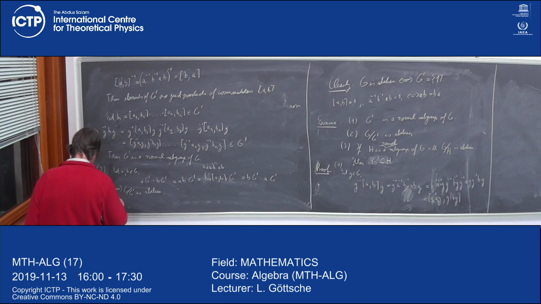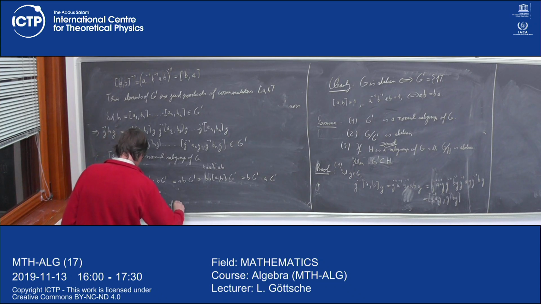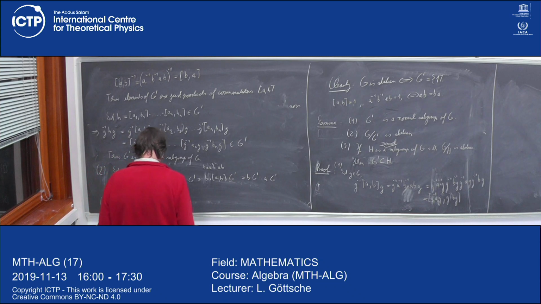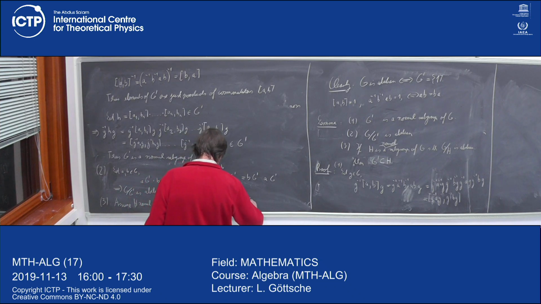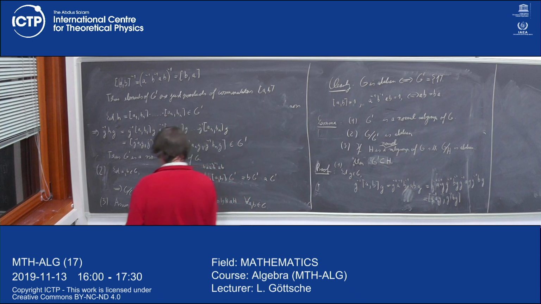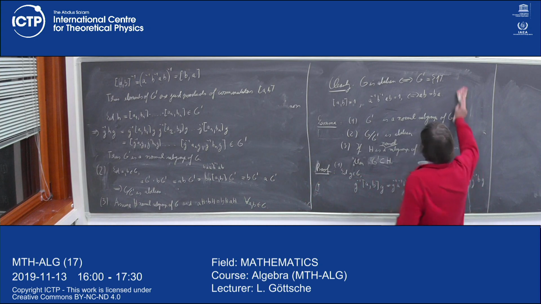So assume that H is a normal subgroup in G, and we have that AH times BH is equal to BH times AH for all A, B in G, which means that the quotient is abelian.